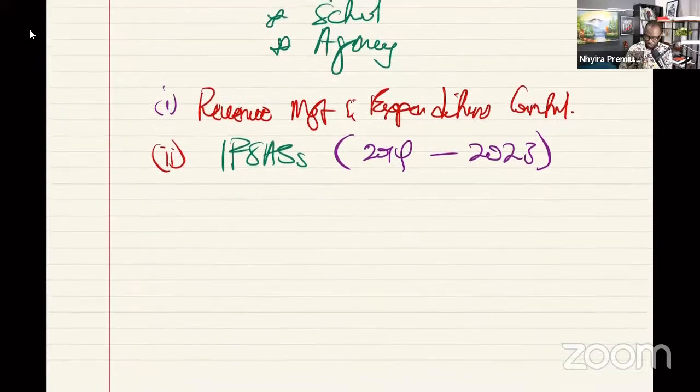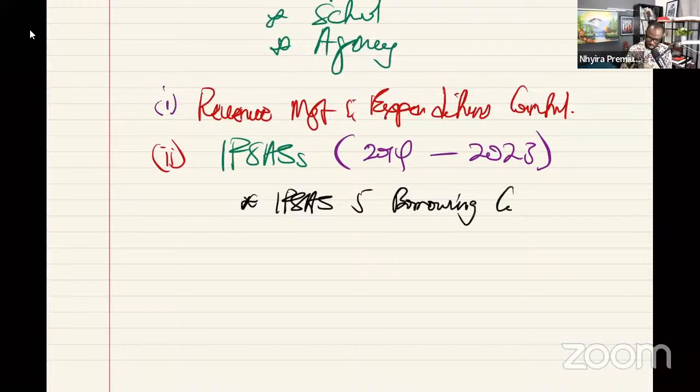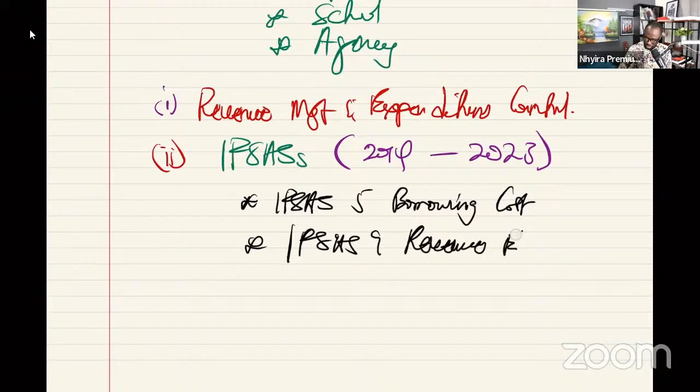To be specific, a number of IPSAS we have to be aware of include the following. That is IPSAS 5, borrowing cost. IPSAS 9, revenue from exchange transactions.